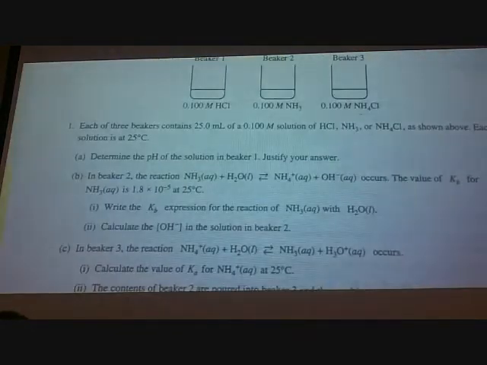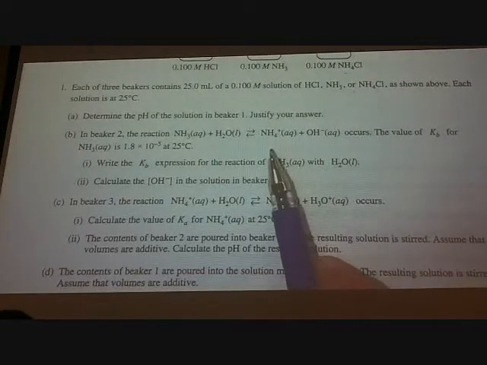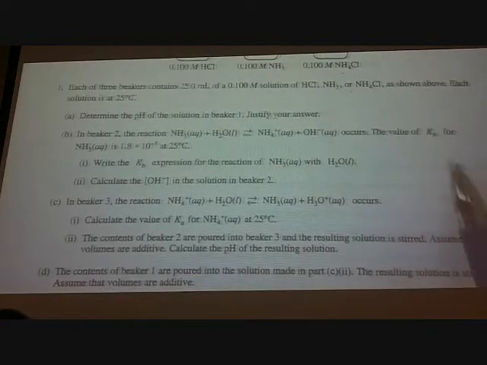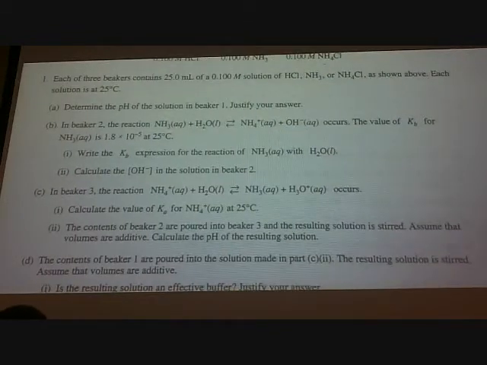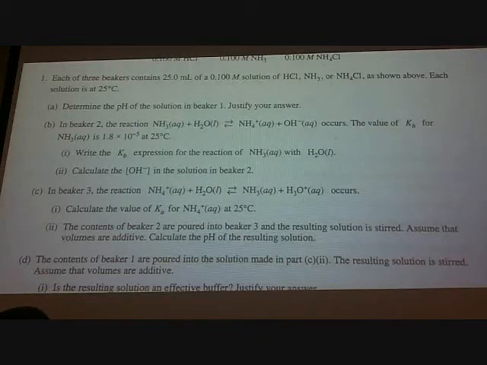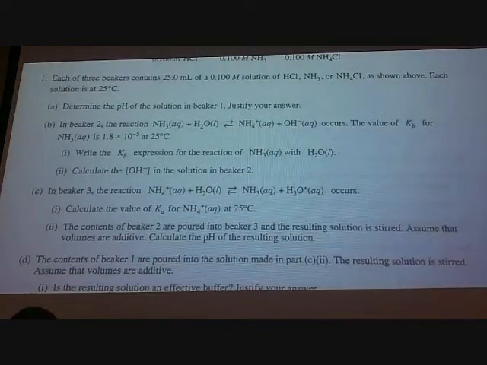All right, so first part's done. Part B says in beaker 2, the reaction of ammonia with water to form ammonium and hydroxide occurs. The value of the Kb for the ammonia is 1.8 times 10 to the negative 5 at 25 degrees. Right? Man, we need a question like this tomorrow or Monday. Write the expression. You done?